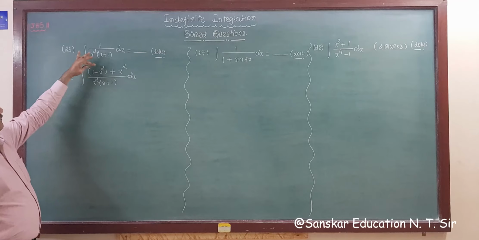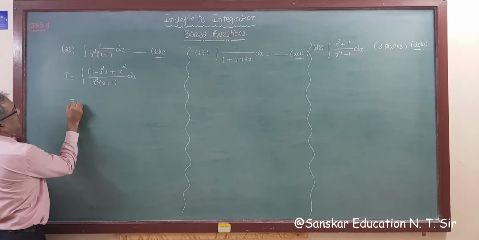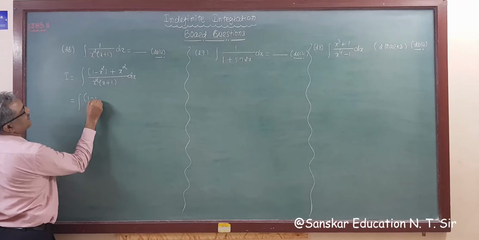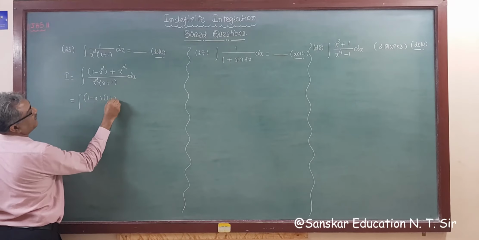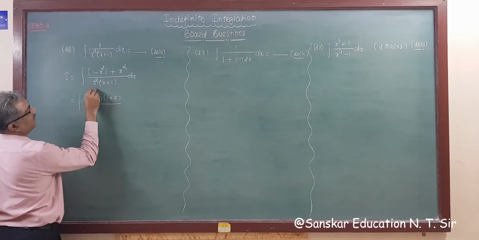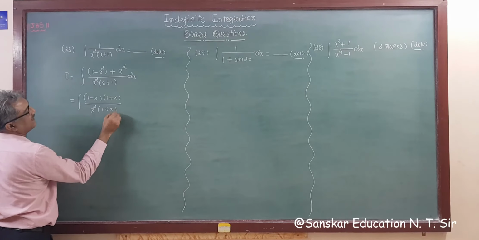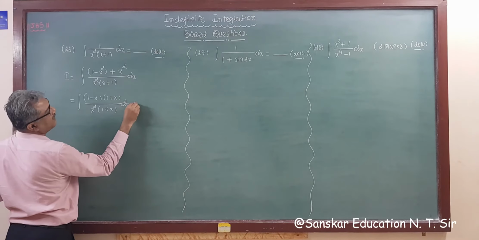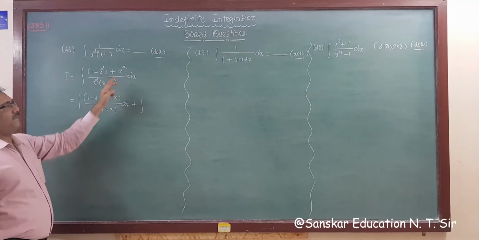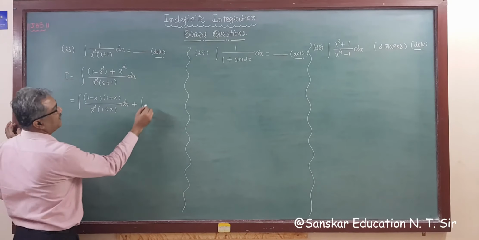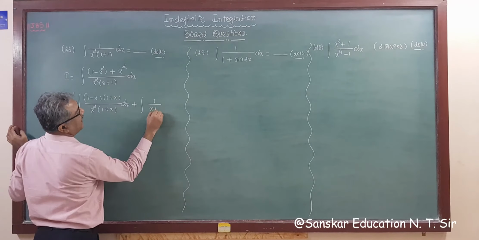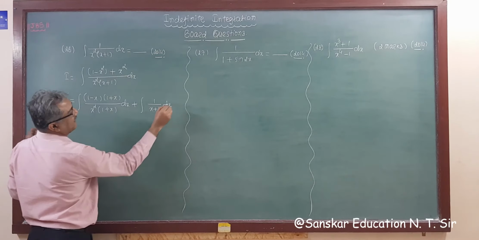Now bifurcating and factorizing this, what we get, integration, factor of this is 1 minus x into 1 plus x whole upon x squared into 1 plus x, dx, plus integration, bifurcating this, x squared will be cut, so the answer will be 1 upon x plus 1 dx.